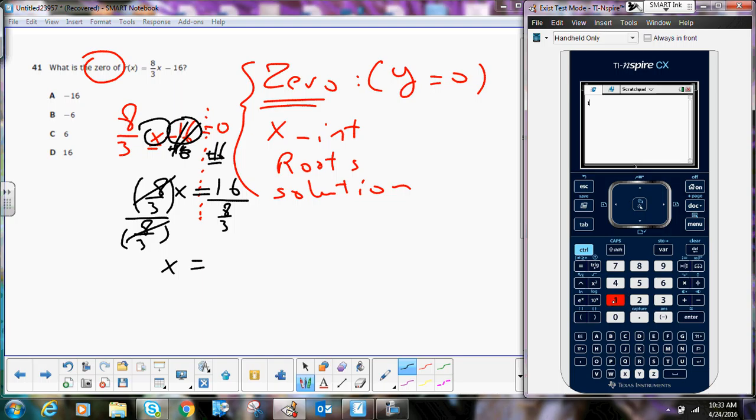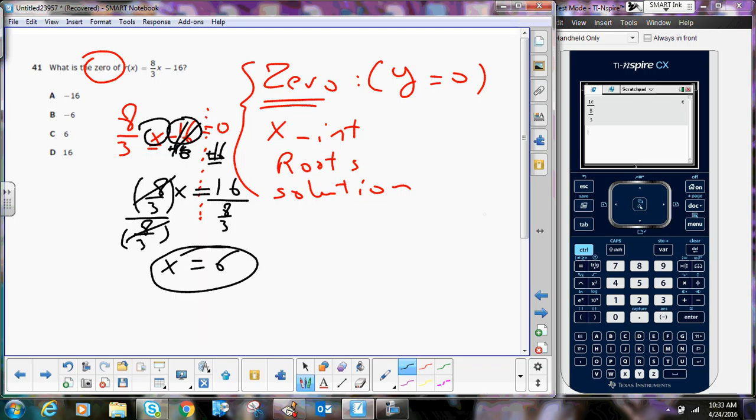Okay, now 16 divide, parenthesis, divide what? 8 third. 8 third. Enter. So x equal 6. This is algebraically, so you solve for x. So 6, it's C.